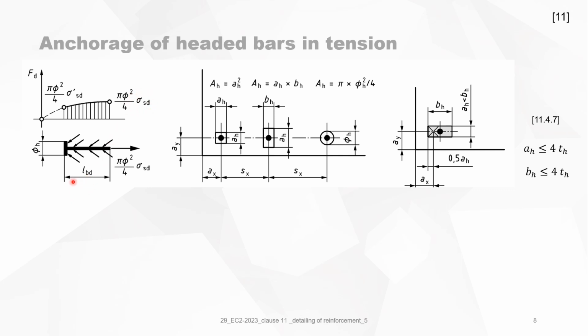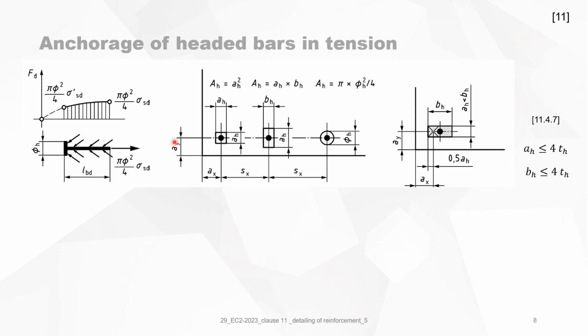You see two portions in it: LBD, the length of the rebar, gives you resistance, and the head gives you an additional resistance. So the total anchorage is the sum of the two. There are some conditions for the head, but this should be very clear.